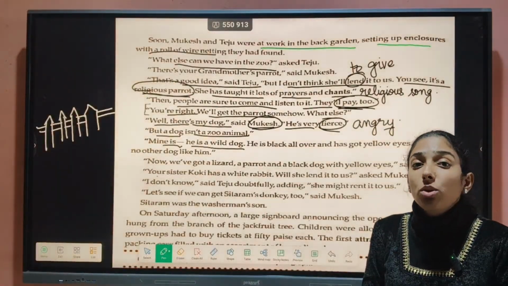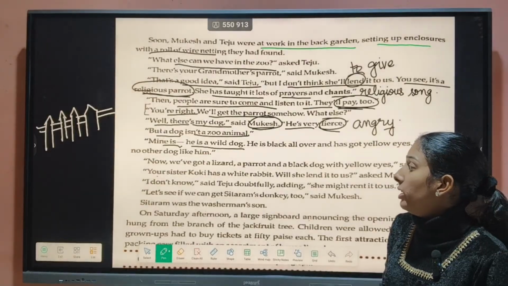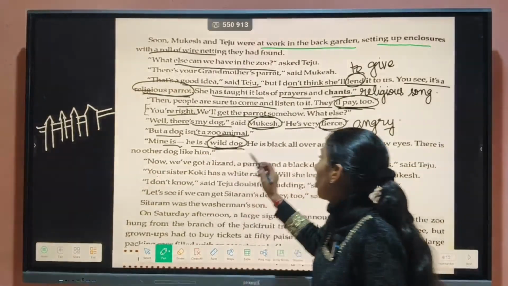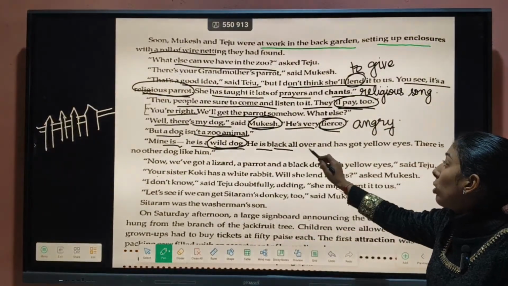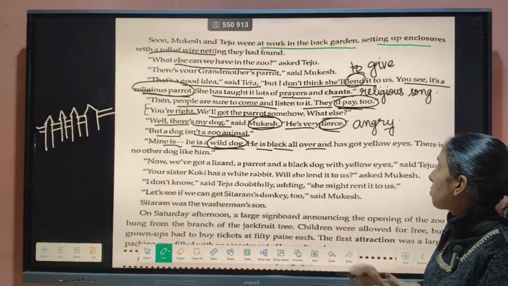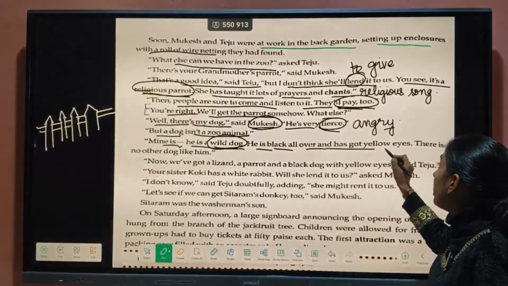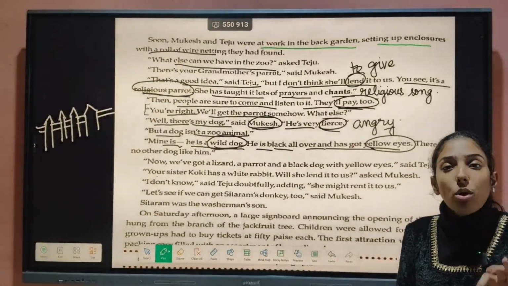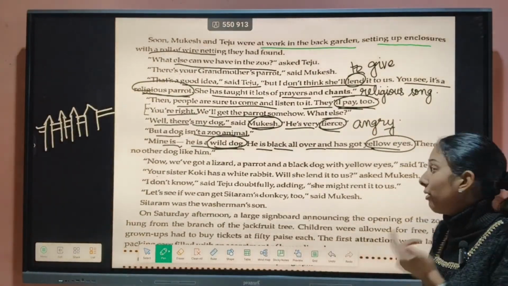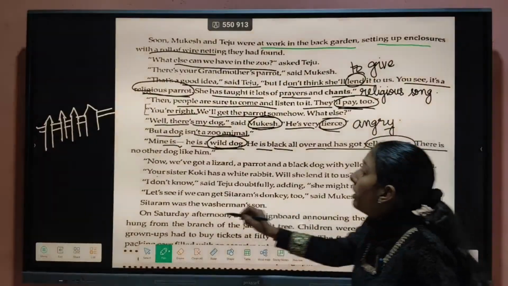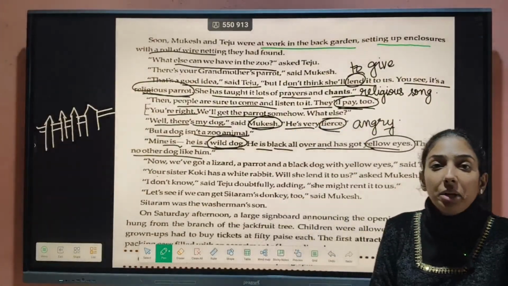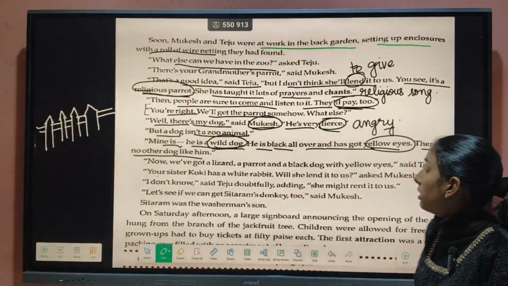Now Mukesh is saying no, not an ordinary dog. Mine one is a wild dog. He is black all over. All over the dog is of black color and has got yellow eyes. That dog is having black color coat and having yellow eyes. There is no other dog like him. He is very furious dog.